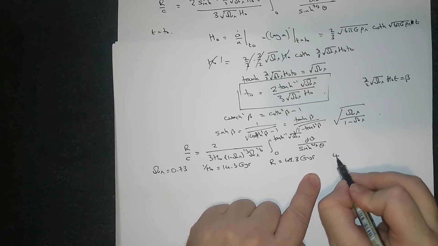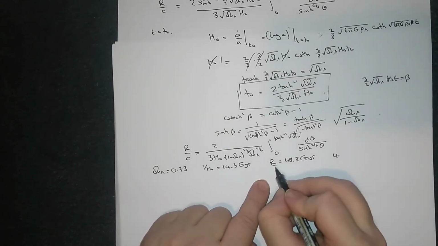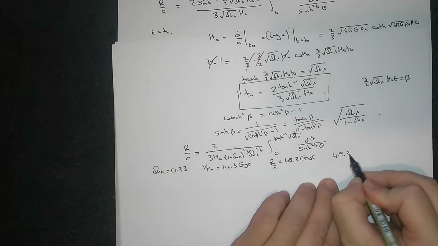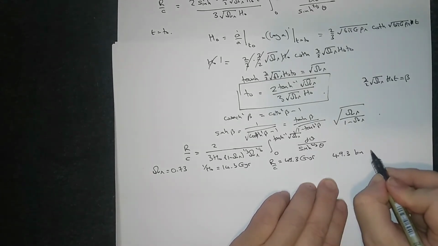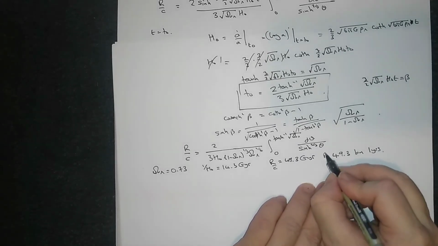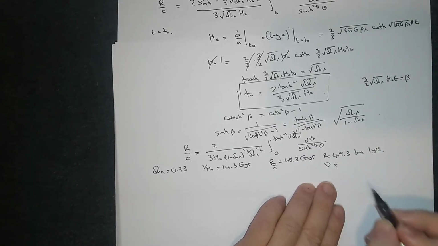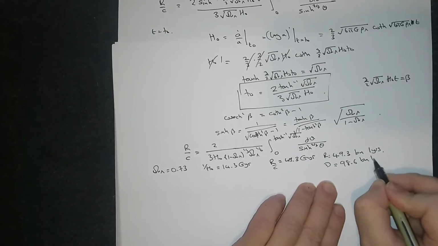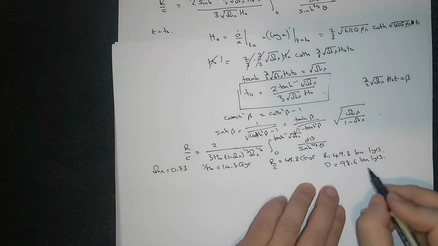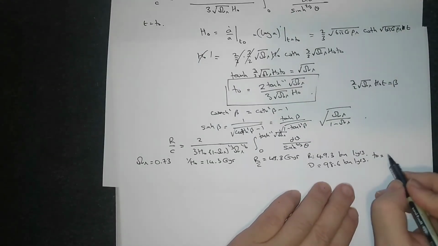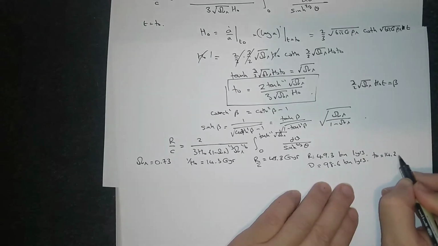So that's 49.3 billion light years, and therefore a diameter of 98.6 billion light years, and t naught for the age of the universe will be 14.2 billion years.